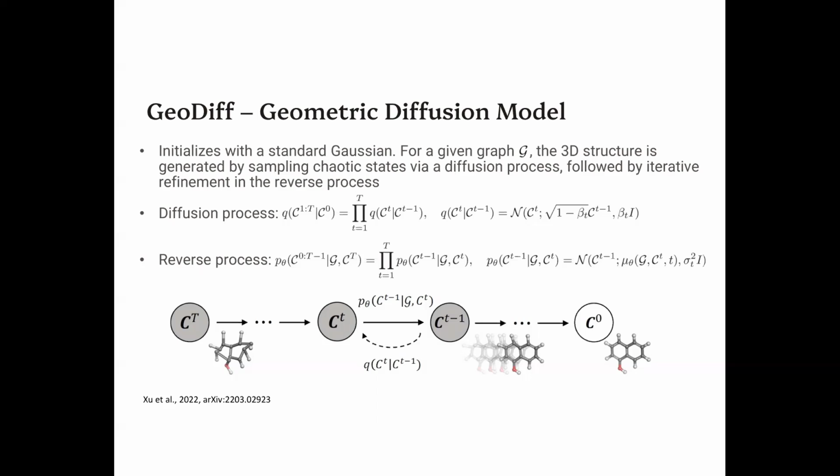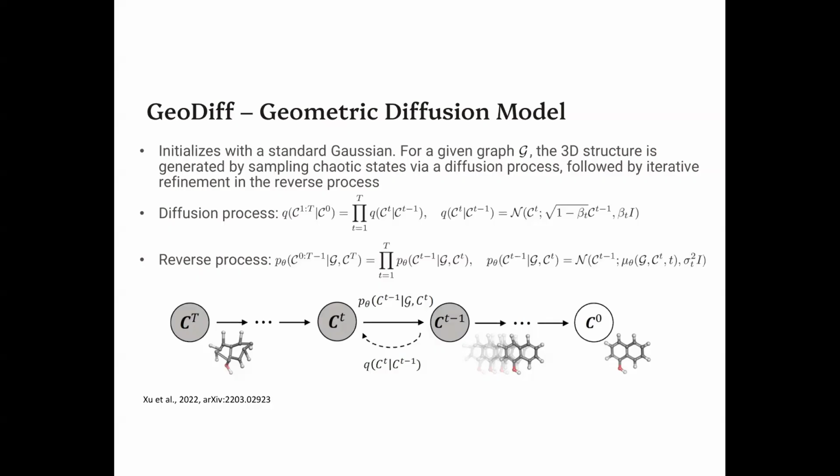The means of the normals that characterize the distributions of the coordinates of the atoms are sampled in the reverse process. So this is a dual process.